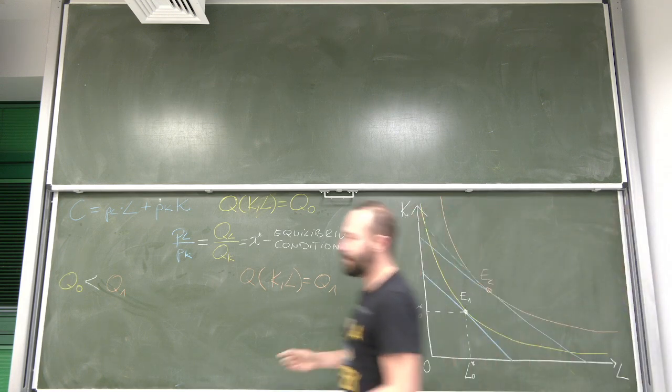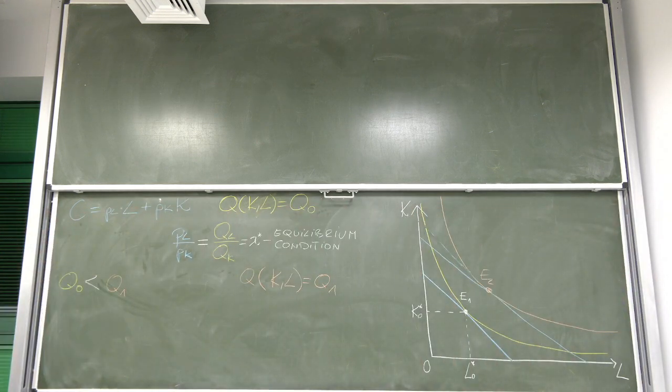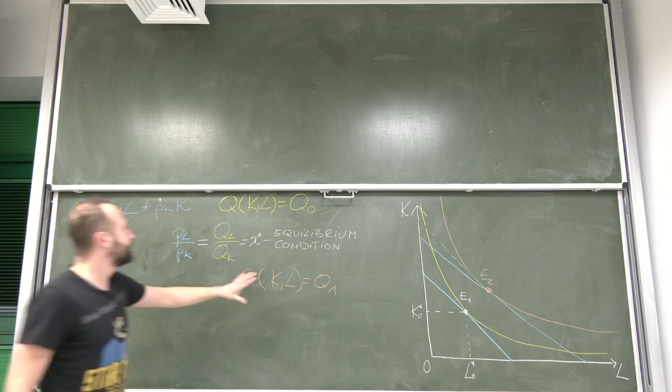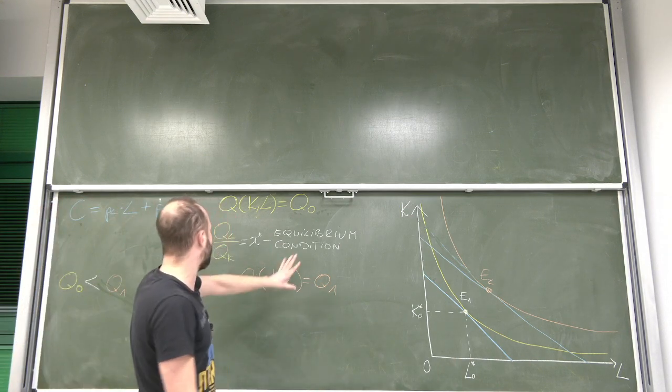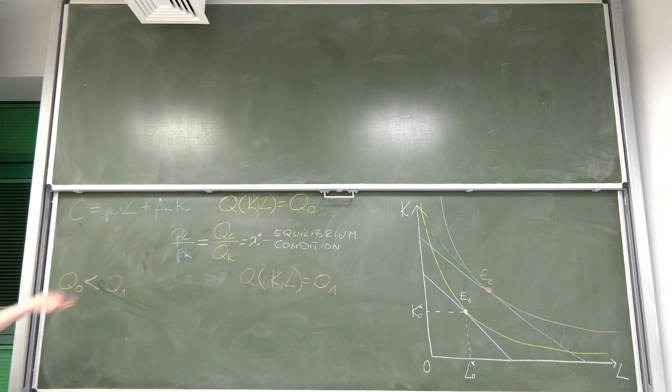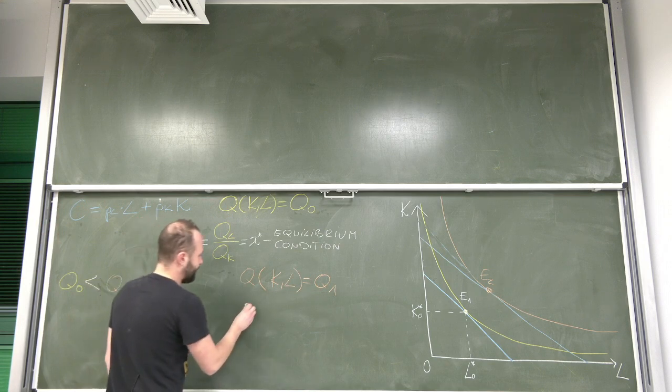And look, it might happen that our restriction on how much we should produce is going to be relaxed even more, and we have an order for even bigger output.